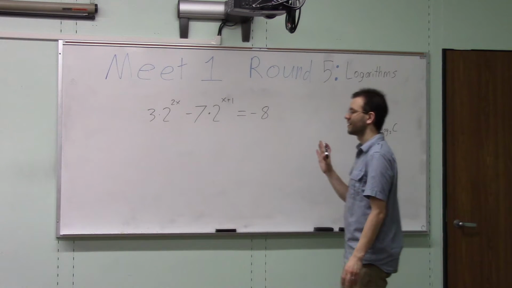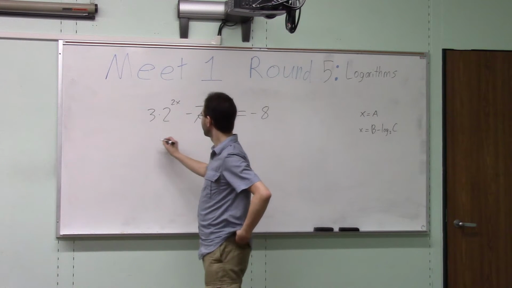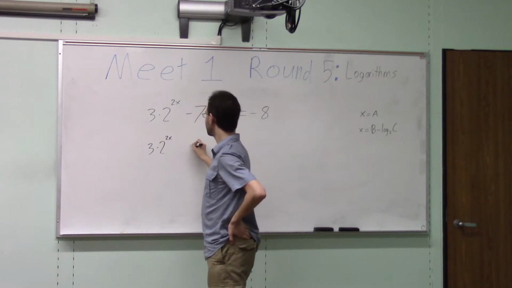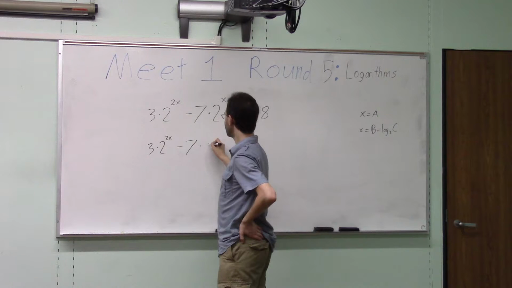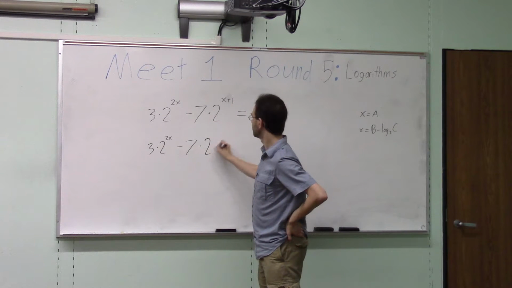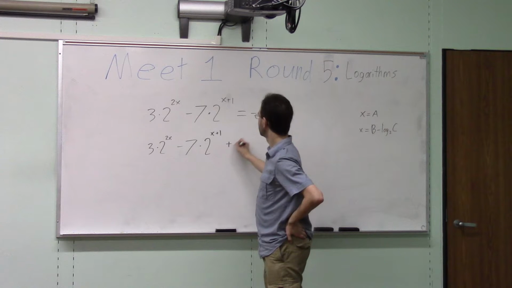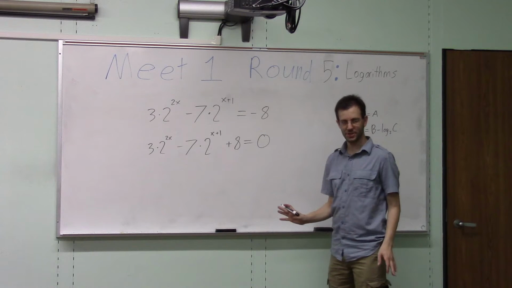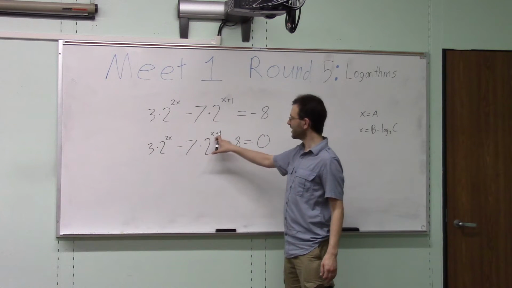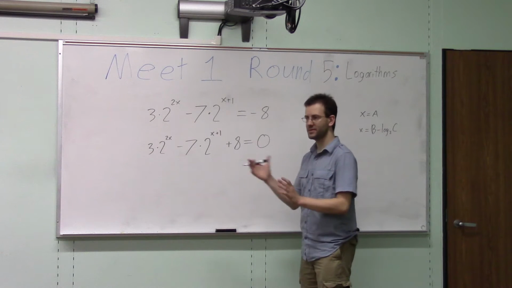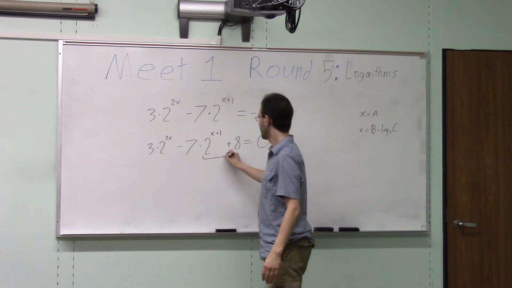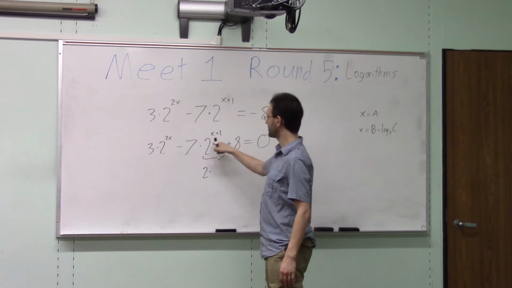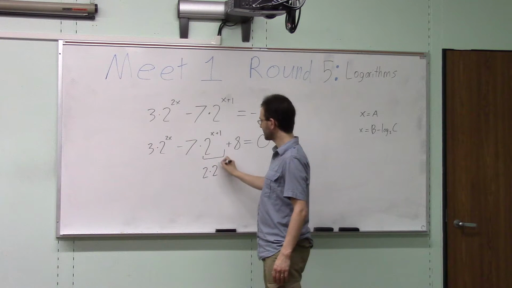All right, let me show you an approach here. First of all, I'm going to move everything to the same side. This is a quadratic, hiding, pretending to be something else. Already looks quadratic-ish. Now, 2 to the x plus 1 is the same as 2 times 2 to the x. The reason for that is because there's one more 2 in this than there would be in 2 to the x.